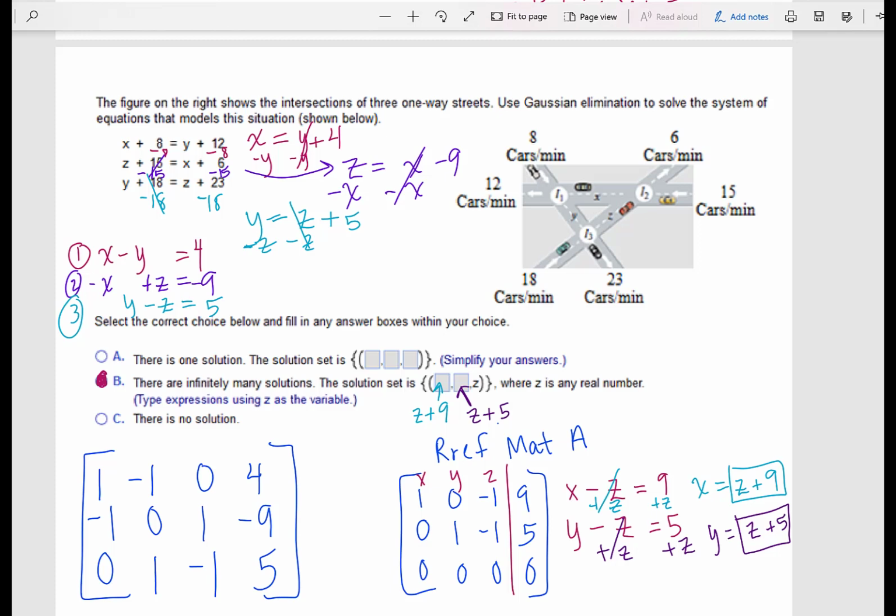So what this is saying is whatever value z is in this setup, then x would have to be 9 more than that value, and y would have to be 5 more than that value. Okay, so when you get to this problem, just make sure that you understand, okay, it's infinitely many solutions, but now I need to express x and y. I still solve for them the same way, but now I'm expressing them in reference to z.